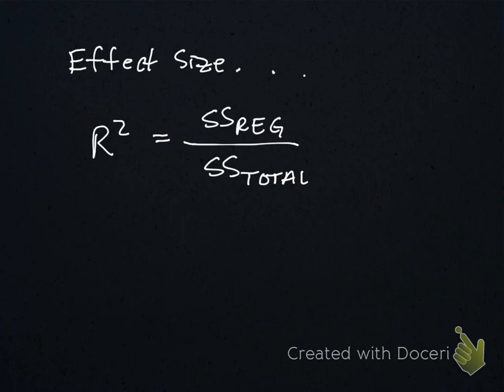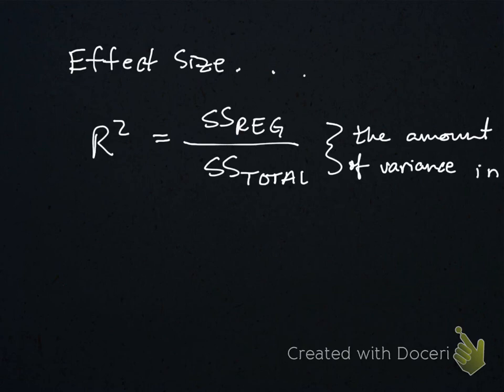And we have a pretty straightforward interpretation for what this R squared value is, or what it means, and it means the following. It's the amount of variance in our dependent variable y explained by x, or if we have multiple predictors, explained by the whole set of predictors together.